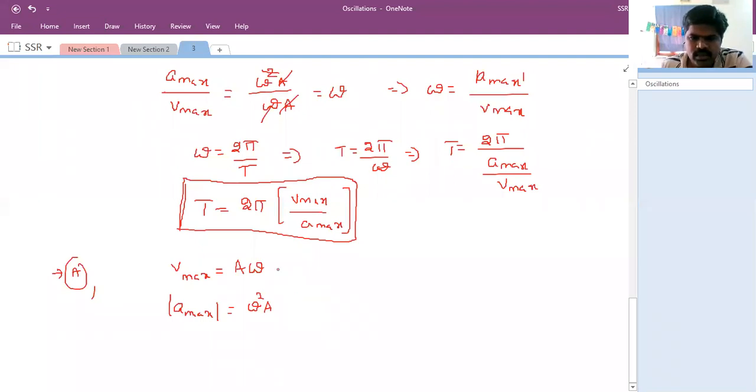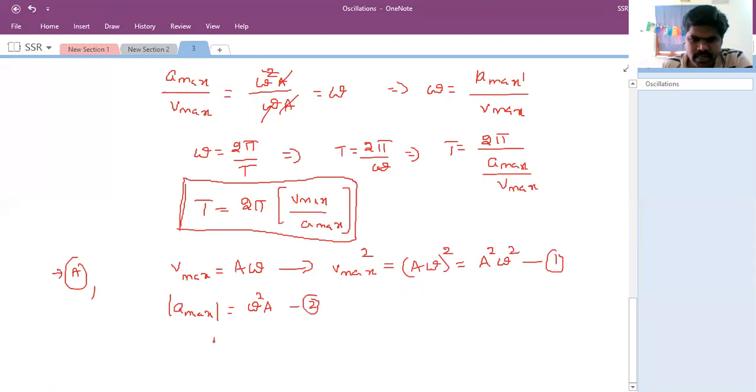For that, first you can calculate Vmax square. Vmax square is equal to A omega whole square, squaring on both sides. That is A square omega square. So Vmax square is equal to A square omega square, equation number 1. Amax is equal to omega square A, equation number 2.